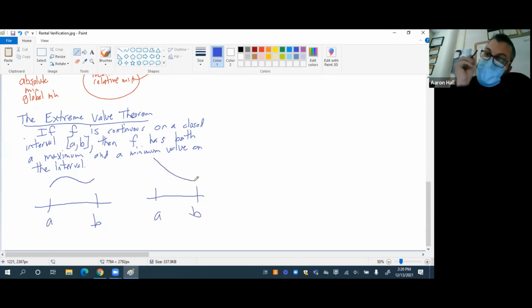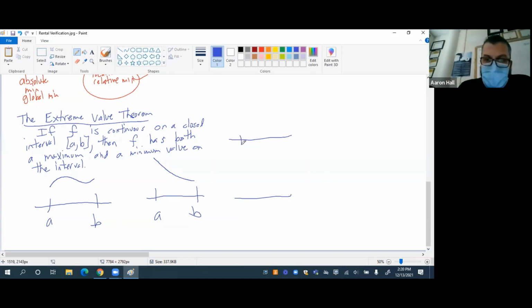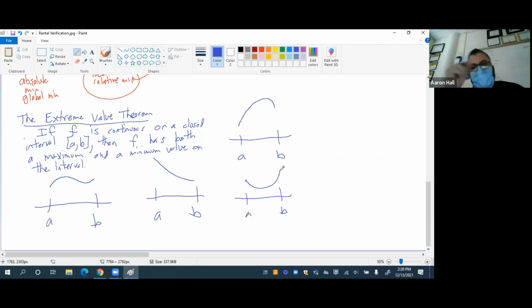If this is closed and continuous, it guarantees a max and a min. Or let's do two more. From a to b, something like that. Guarantees a max, guarantees a min. If it's closed and continuous, it guarantees a max and a min.